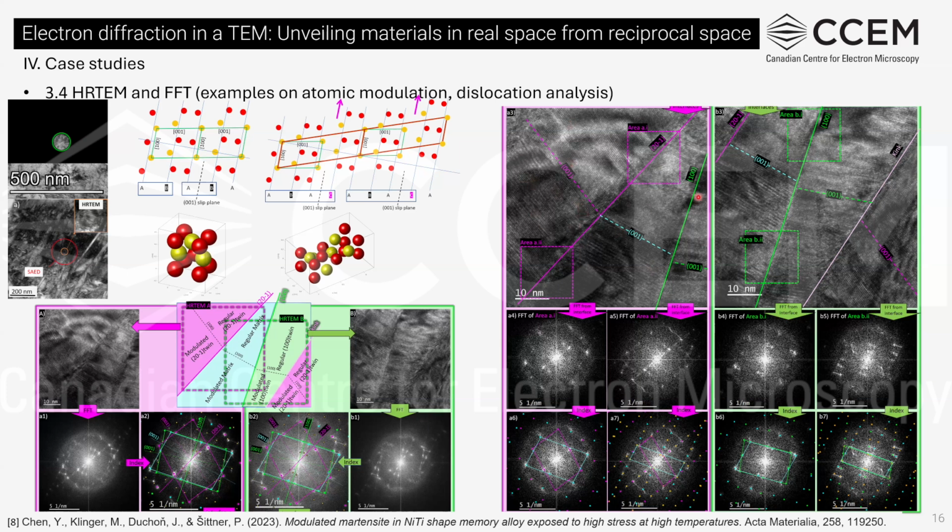Let's look at this image. This area A-prime does not contain a stacking fault, but this area A-double-prime has a stacking fault occurring in it.